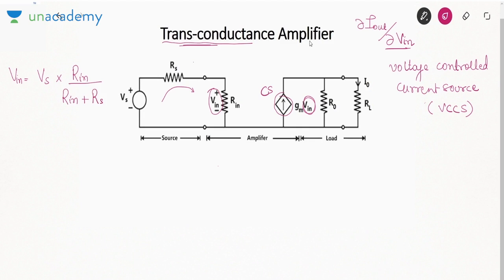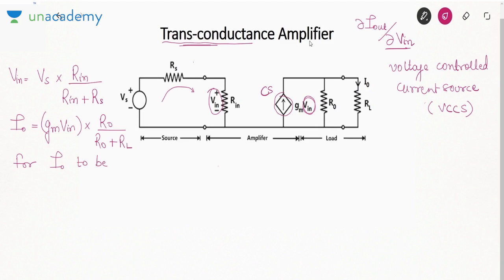Now at the output side we have a current source, so I have to apply current division. I naught is Gm Vn, that is the current source, into the factor of current division R naught over R naught plus RL.